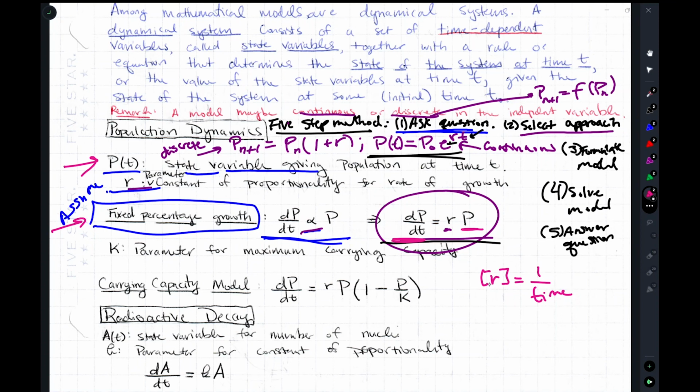And so R has units of 1 over time. So 1 over R, we could set that equal to some characteristic time so that we could say, we found that this model is valid. It's probably valid for a certain multiple of characteristic times. After that, it becomes not valid, okay?